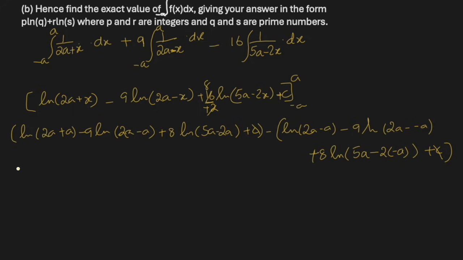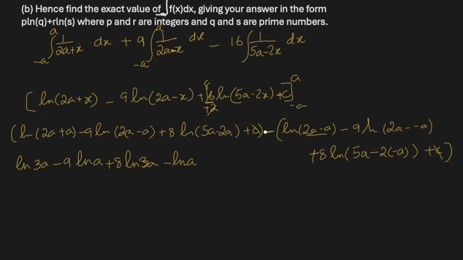So let's see what we get here. Natural log of 3a minus 9 natural log of just a plus 8 natural log of 3a, minus 2a minus a will be natural log of a.